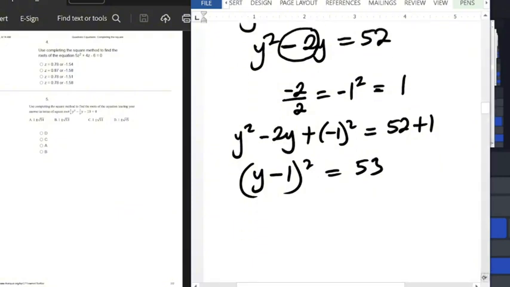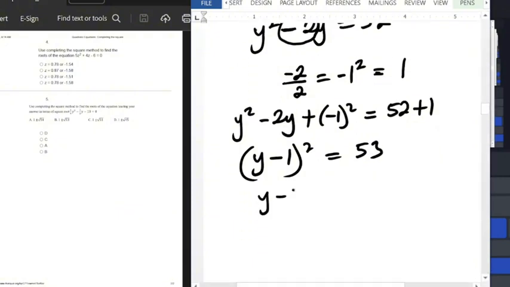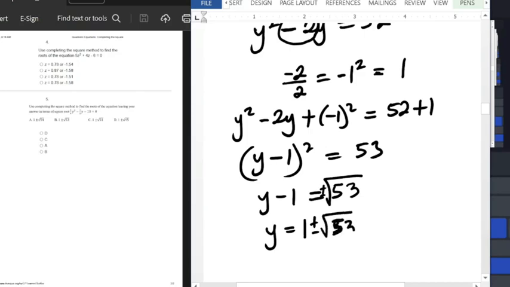So what we are looking for is y. So y minus 1 equals plus or minus the square root of 53. Alright, so y equals, this minus 1 will then turn to plus 1, plus or minus the square root of 53.